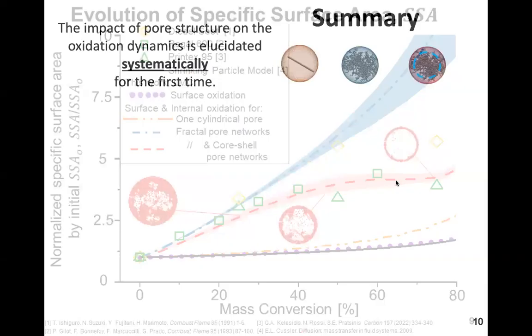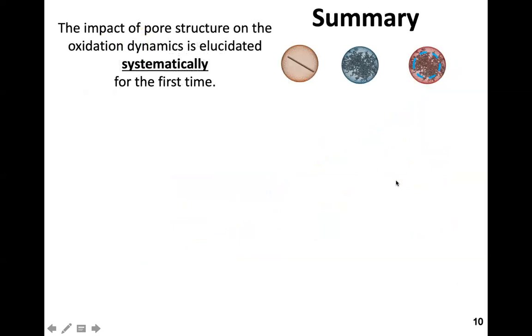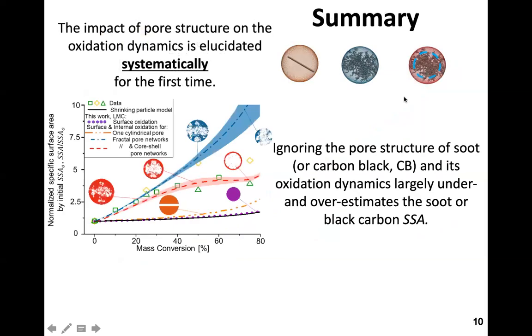And with this, I would like to come to the conclusions of this work. So here, we elucidated systematically the impact of the pore structure on the oxidation dynamics of carbonaceous nanoparticles for the first time to the best of our knowledge. That way, we showed that neglecting the fractal pore structure and its oxidation underestimates the measured specific surface area by 60% on average.